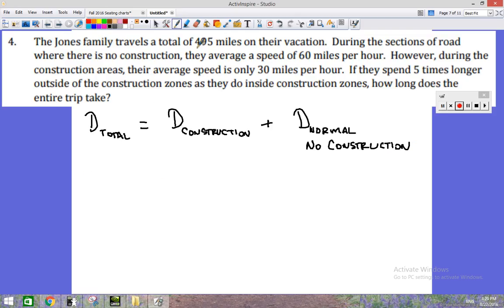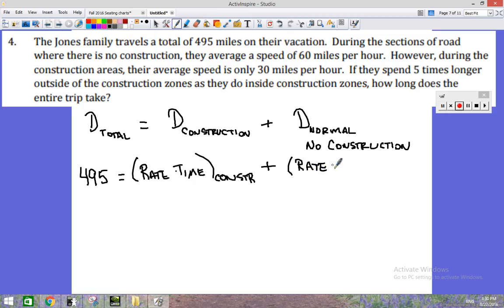So the total distance was 495 miles. And distance is rate times time. So the rate when they were traveling through the construction times the time, and the rate times the time under the no construction.